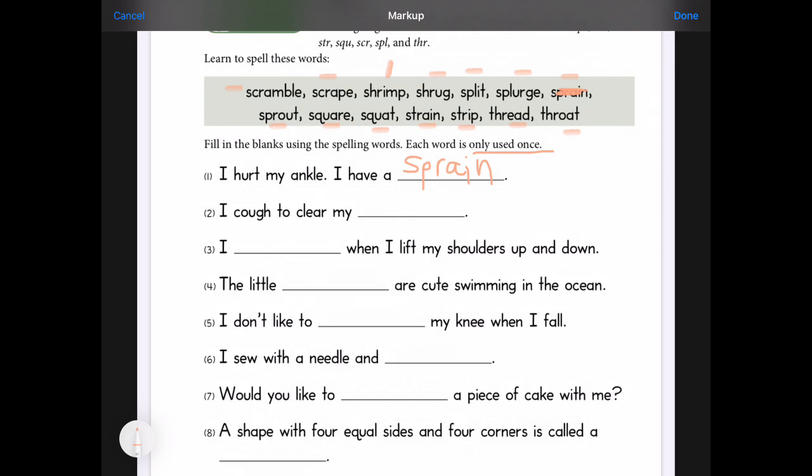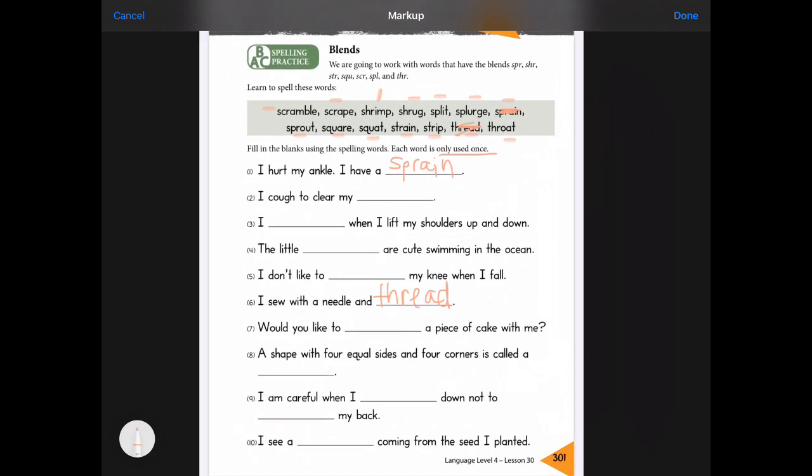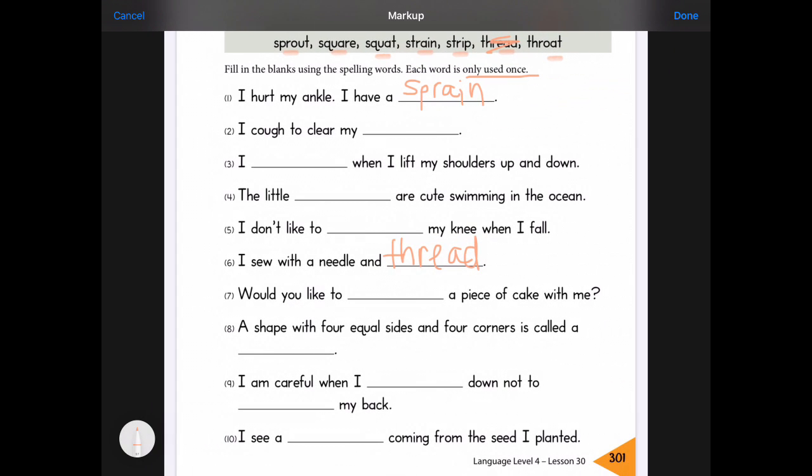I sew with a needle and thread. Number nine, I am careful when I squat down not to strain my back. Your parents will get that one because, if you're lifting boxes or something, you can hurt your back.